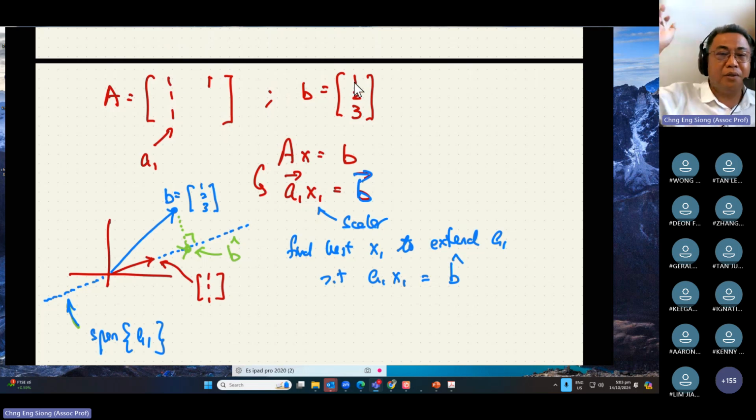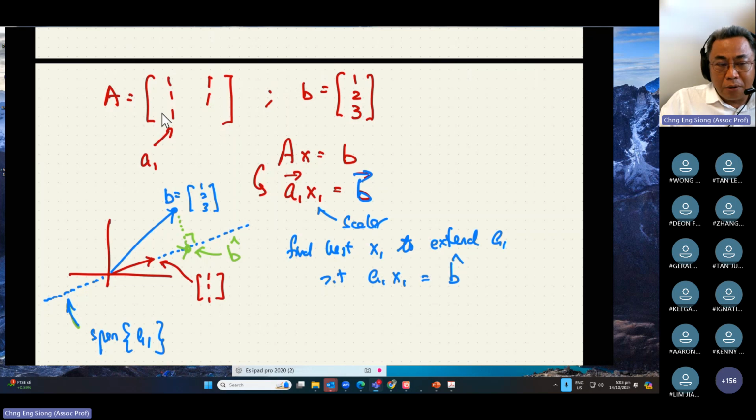Consistent or inconsistent? No problem, I'm just giving you one equation with two unknowns. By the time I give you the second number, any problem? I give you a pair of equations, and the problem is the system of equations becomes inconsistent. 1 times x equals 1, 1 times x equals 2. Of course, inconsistent.